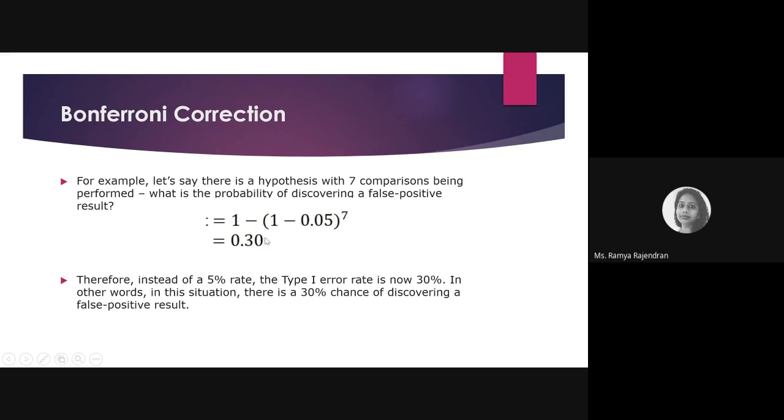So you get 30%. So here, instead of 5% type 1 error rate, you're using 30%. Okay, so you're willing to accept 30% of errors.